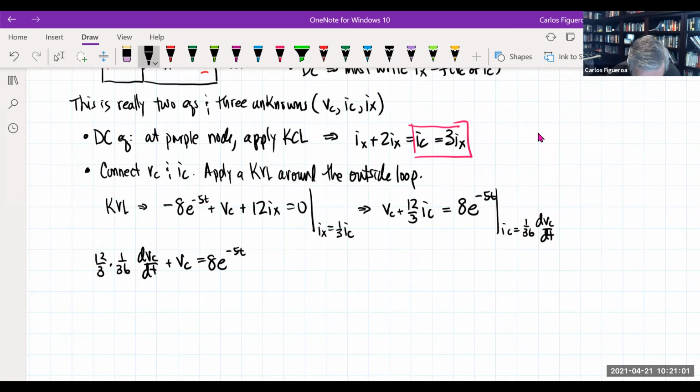So let's clean this up. I'm going to get 12 and 36, that's going to give me, of course, a third. So I got a third and a third. That gives me 9. So now I'm going to multiply everything by 9. And so finally, I get this into proper form, which then reads dVC/dt plus 9VC equals 72e to the minus 5t.